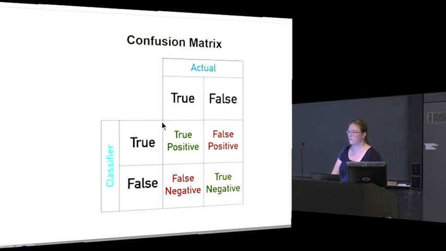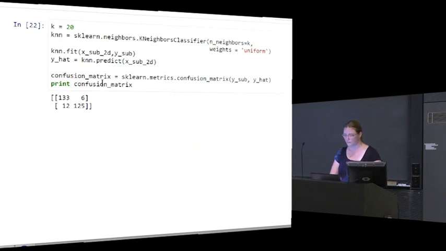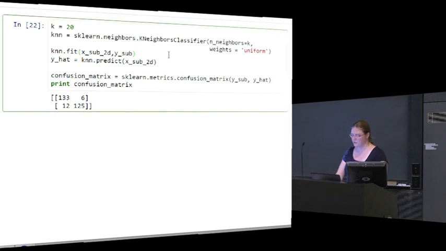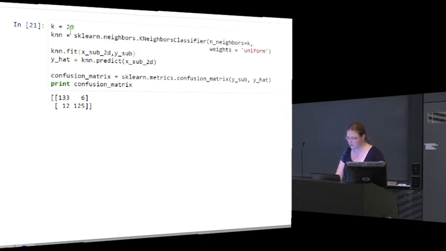Now we actually have more classes if we take the whole 10-digit problem, right? So I would have all the different classes here, and it's not about yes or no anymore. Do I actually have that? I think I have that later, sorry. Let's take the binary case for now because we have 0s and 8s. So what I do here is I set k to 20, I train my classifier, do the predictions here, and then have my confusion matrix. And you can see my diagonal looks pretty decent.